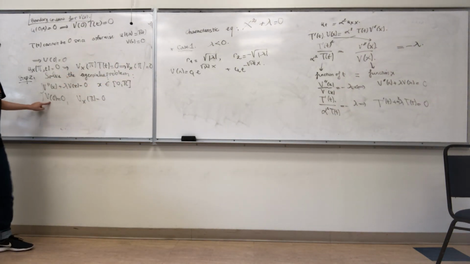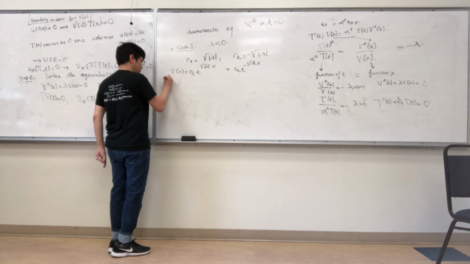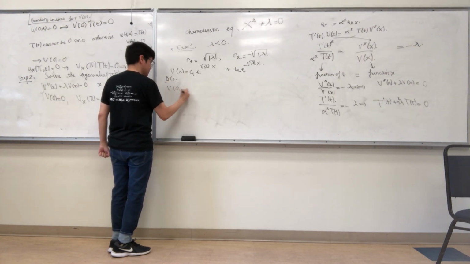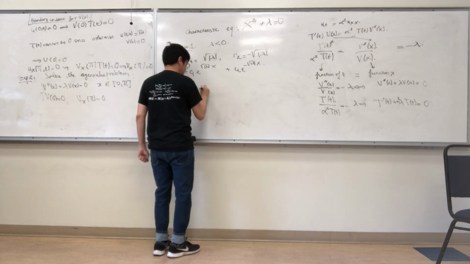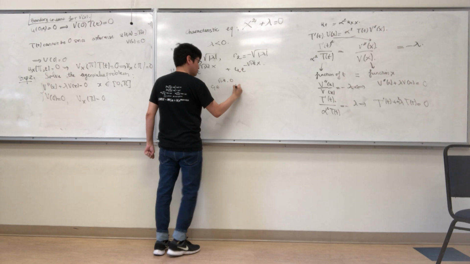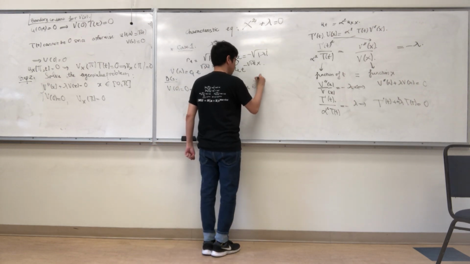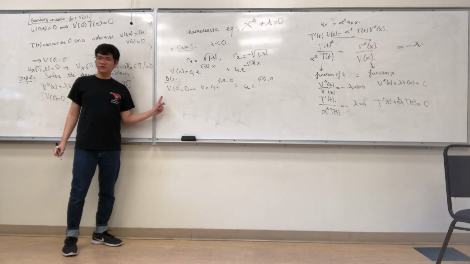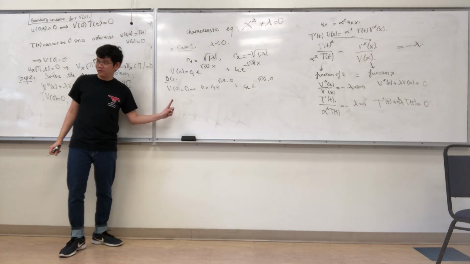I'm going to use the boundary condition. v(0) is 0, meaning that you have 0 is C1 e to the square root of lambda times 0 plus C2 exponential of minus square root of lambda times 0. So you plug in the first boundary condition.